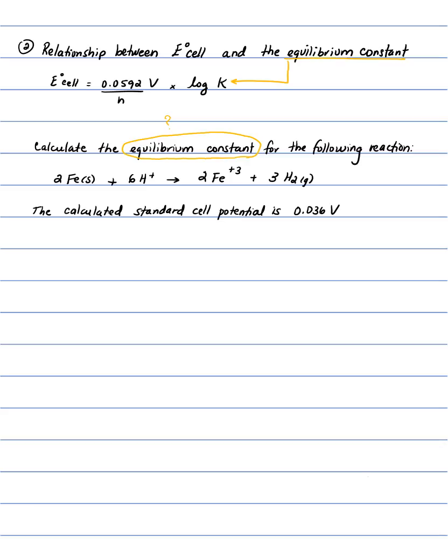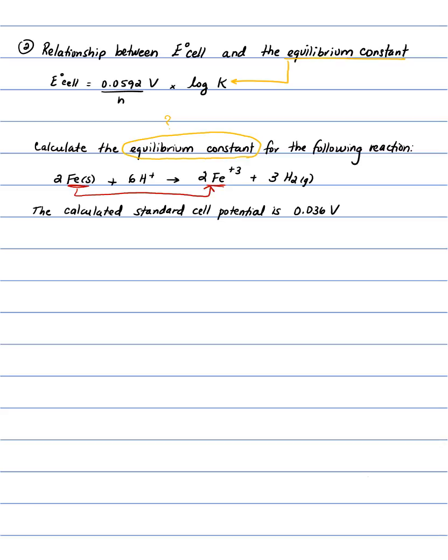In this one, you're given the overall reaction, and you have to determine how many electrons are being transferred from that overall reaction. It's not difficult. Okay? So I'm going to check which one is being oxidized. It's being oxidized, the iron solid to iron plus 3. So that's your oxidation here to here.